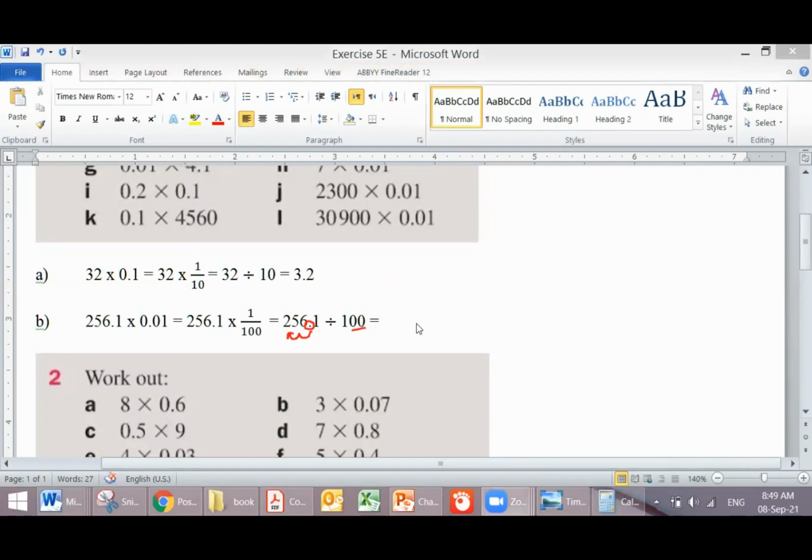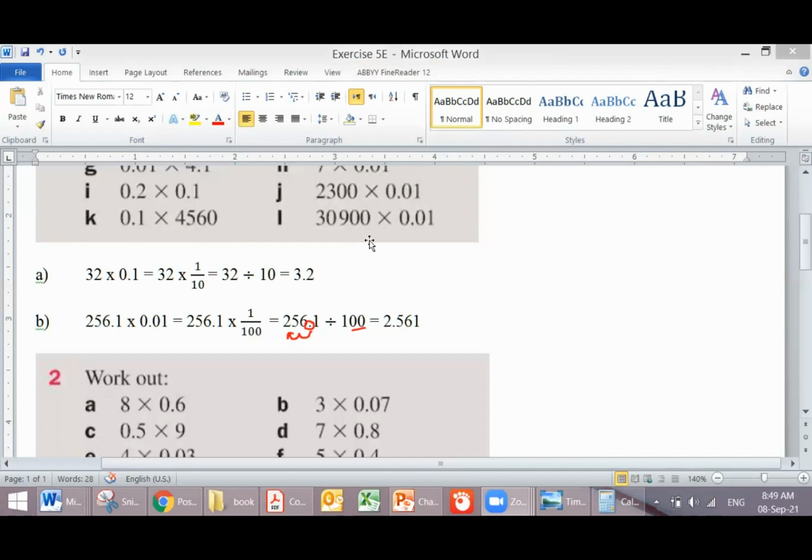So here I will write 256 as 2.561. Okay, so many students have answered it's correct. Page Anas, this is page number 76. Yes, Mishari, very good. Now it will be 256 divided by 100.